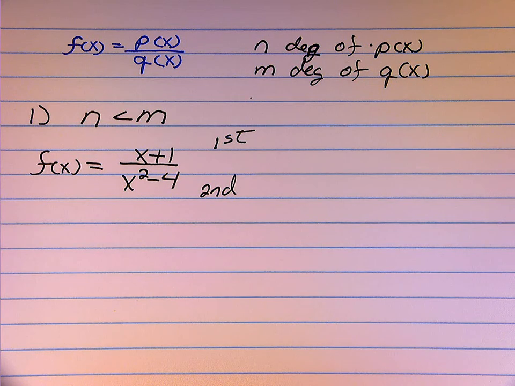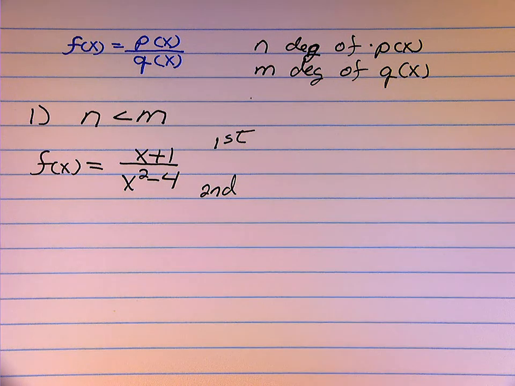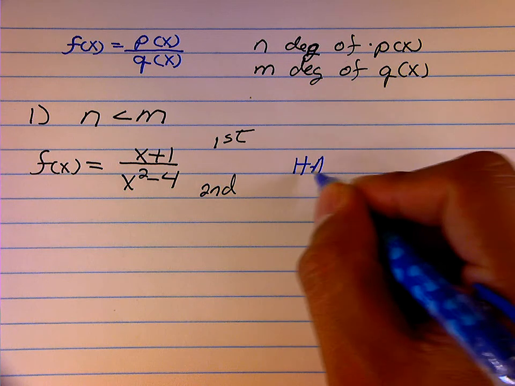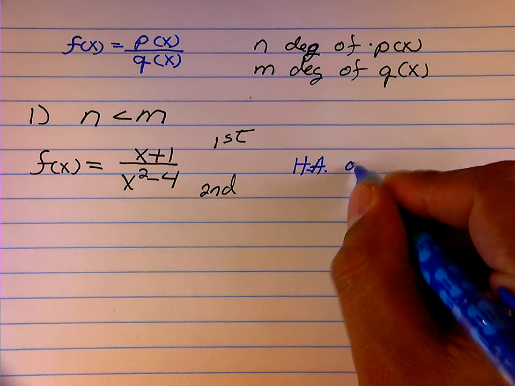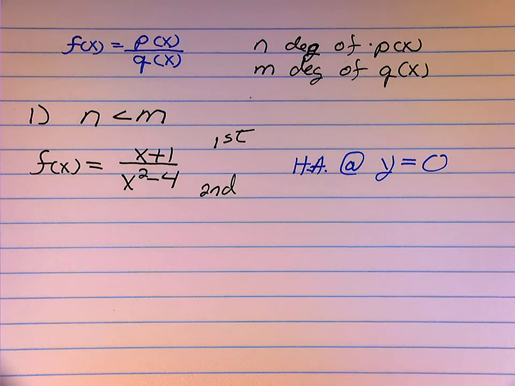So this is a case where my top degree is smaller than my bottom. In this situation, every one of these graphs will always have a horizontal asymptote at y equals 0.